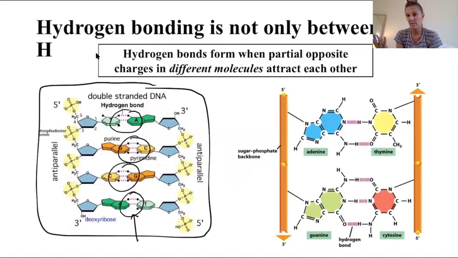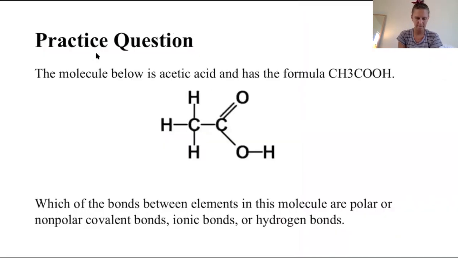So depending on which part of the DNA, you can get 2 hydrogen bonds or 3. So here we have the hydrogen bond between H's and N's or H's and O's, depending on which molecule you're talking about. All right, so we have some practice questions, which we're going to go over in class.